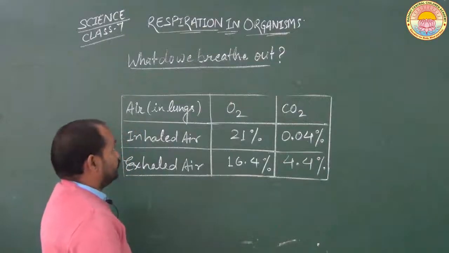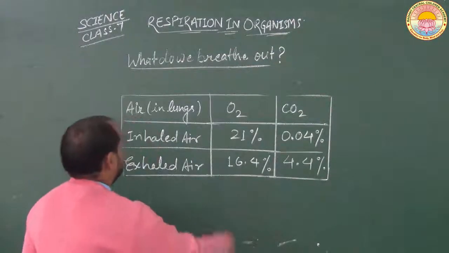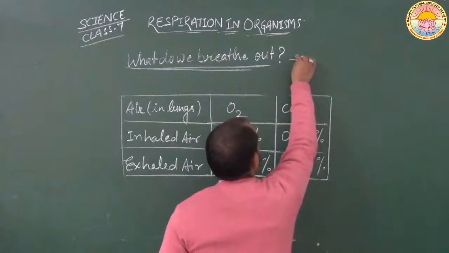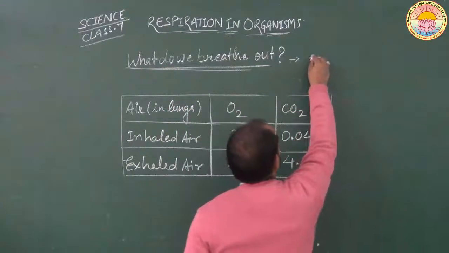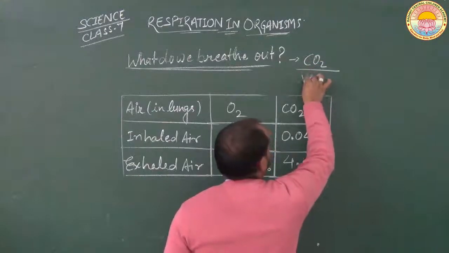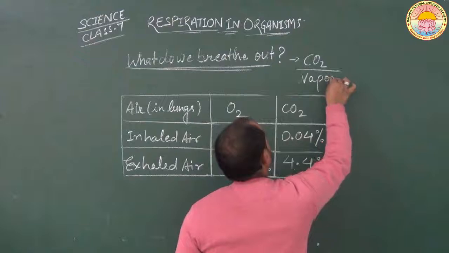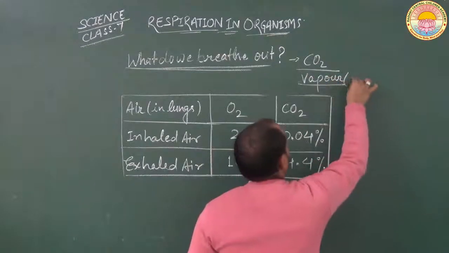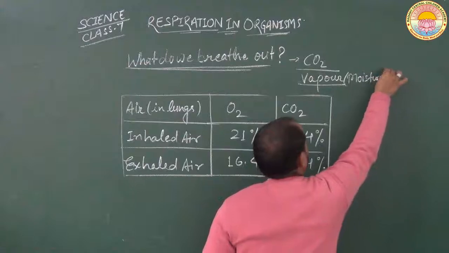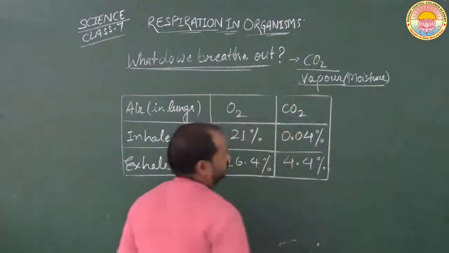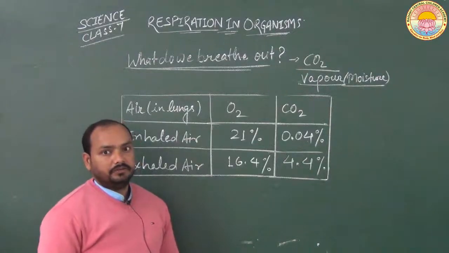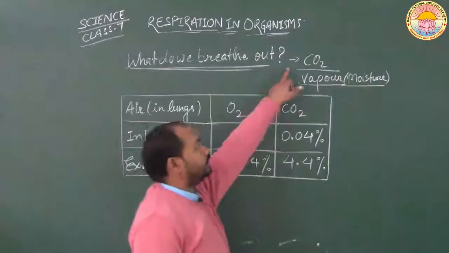the exhalation process. So students, when we breathe out, we generally expel or release carbon dioxide, and this also contains some amount of vapor, or we can say moisture. So when we exhale air, we release carbon dioxide gas.